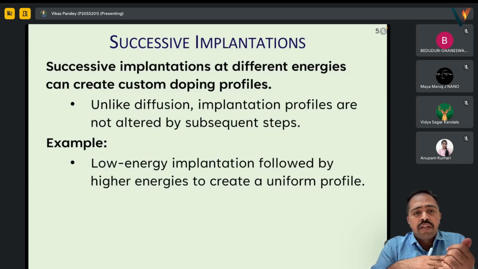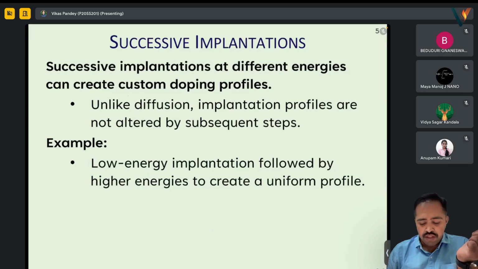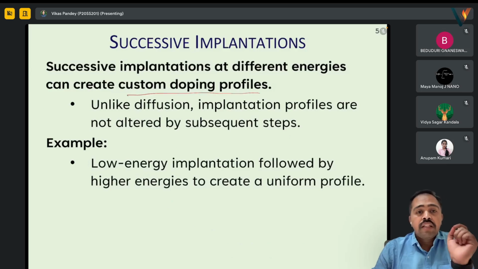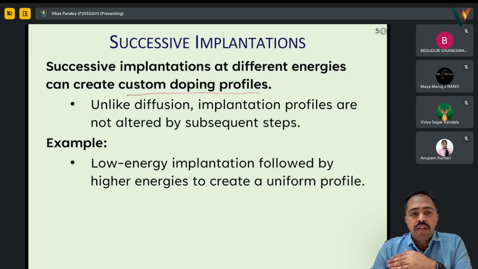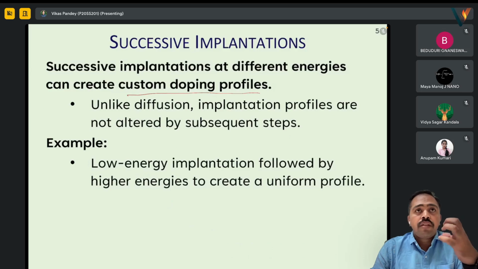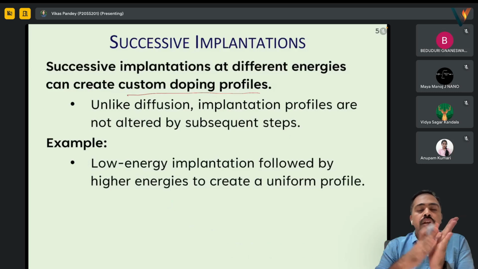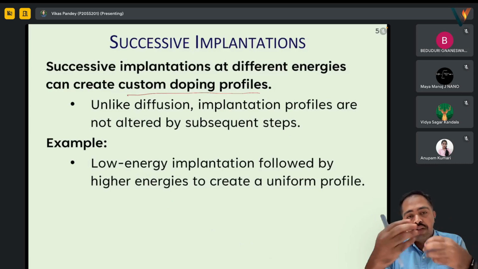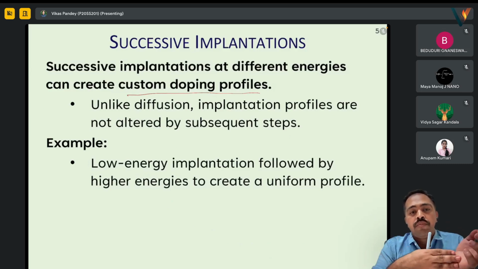Using successive implantation, we can create custom doping profiles. Unlike diffusion, where if we go for further diffusion, the earlier doping will get disturbed.